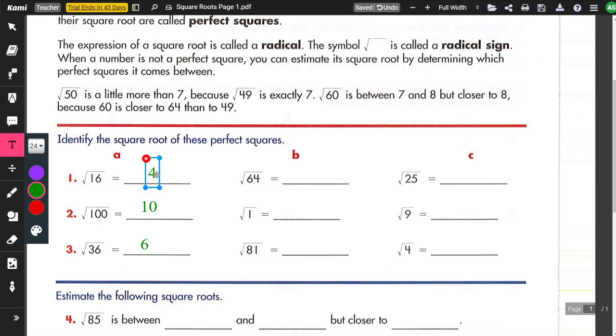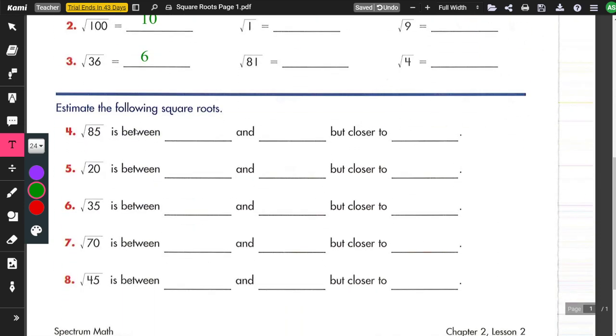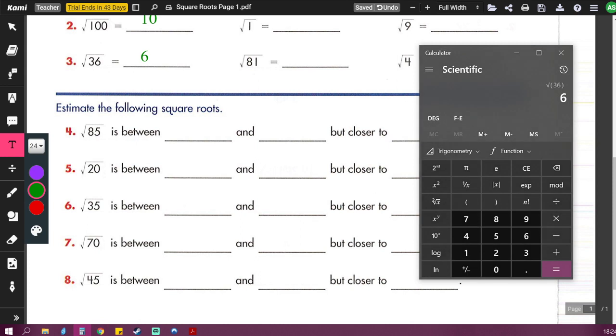So now we're going to go down here, and we have some numbers that are not so nice when it comes to being the square root, and I can show you. So we have 85, so we do 85, radical sign. It's not a pretty number.